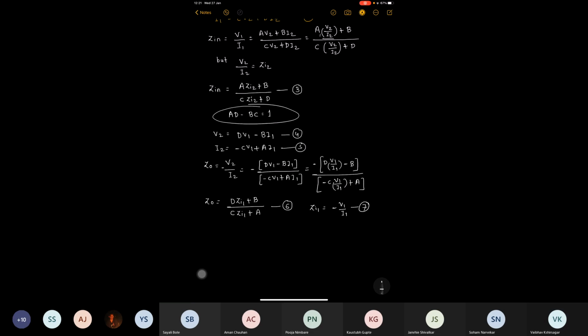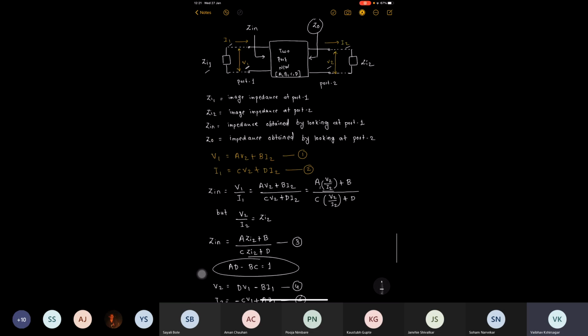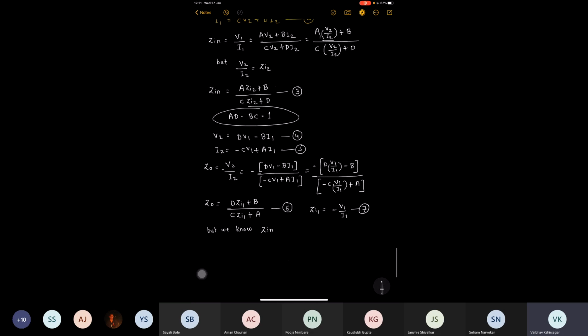But we know that Zin is the input impedance. Zin is nothing but Zi1, image impedance 1, and similarly Zo is nothing but Zi2.